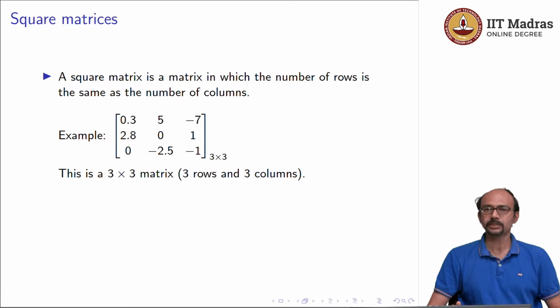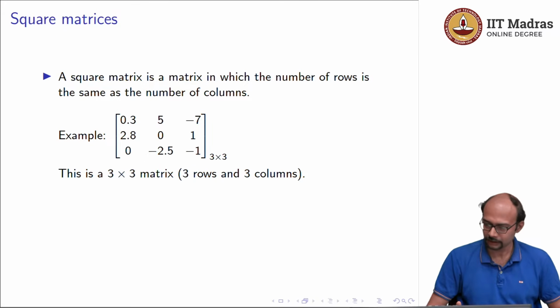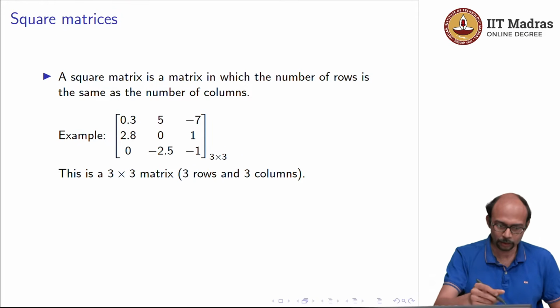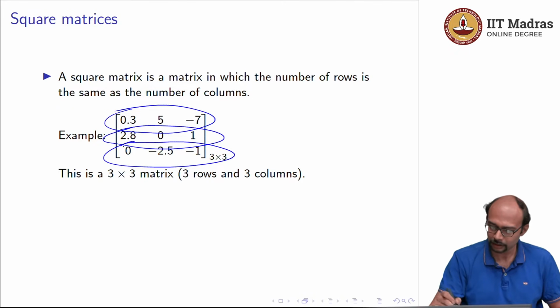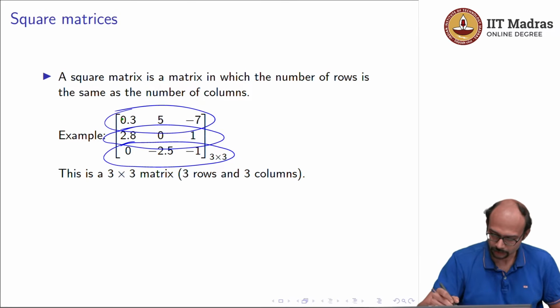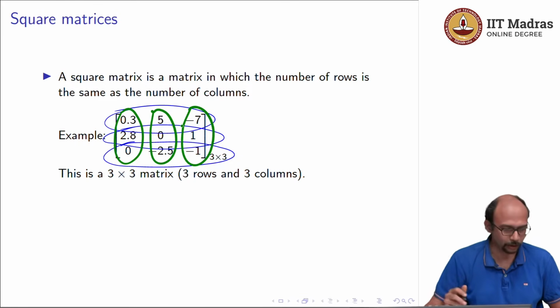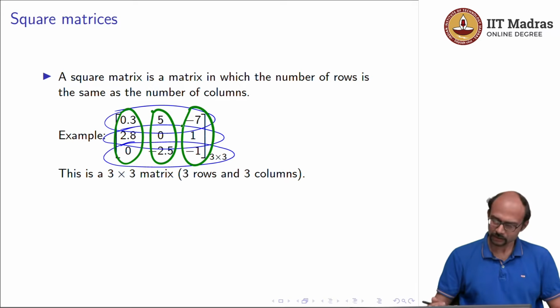Here you have 3 rows and 3 columns. Just to jog your memory, here's the first row, here's the second row, here's the third row, and about the columns, here's the first column, here's the second column, and here's the third column.